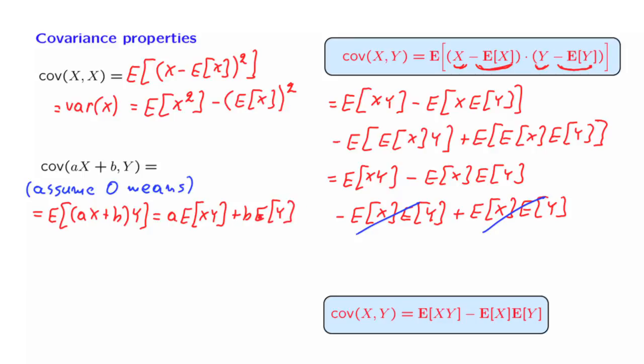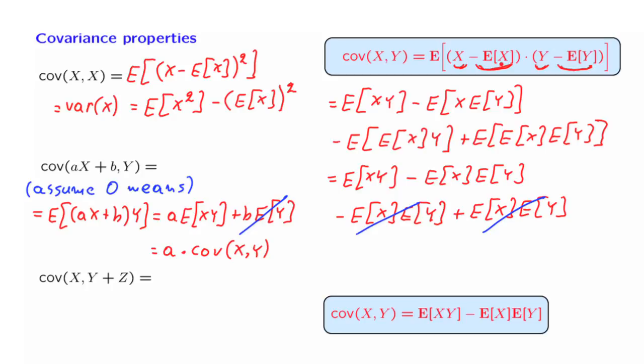Now we assumed zero means, so this term goes away, and what we're left with is a times the covariance of x with y. So we see that multiplying x by a increases the covariance by a factor of a, but adding a constant has no effect. The reason that it has no effect is that if we take a random variable and add a constant to it, the same constant gets added to its mean, and so this difference is not affected.